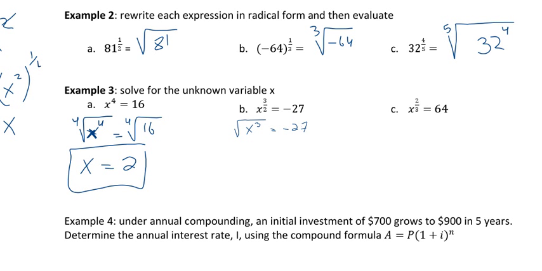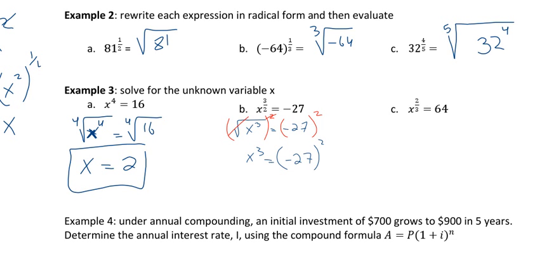So to get rid of that square root, the first thing I have to do is square. Because the square root and the square are opposite of each other. So now what I would have left is x cubed equals negative 27 to the power of 2.